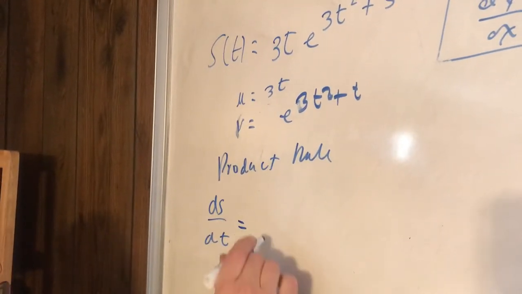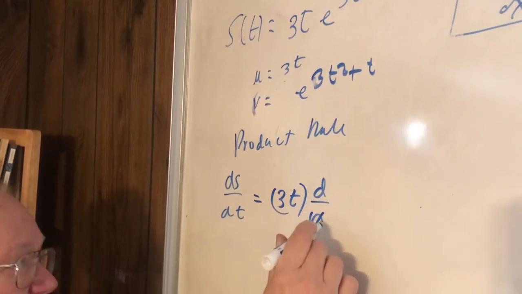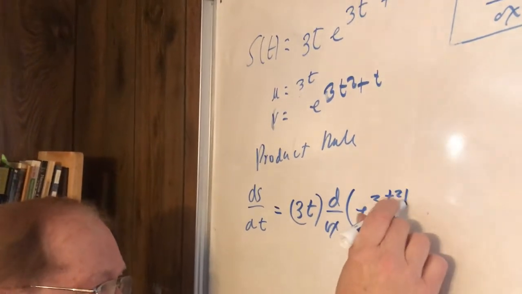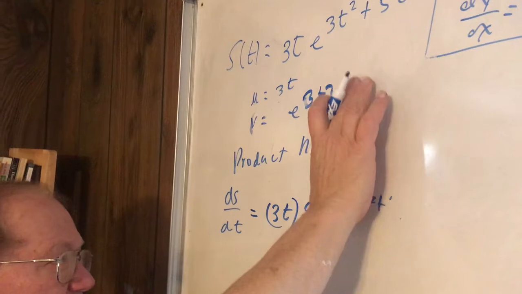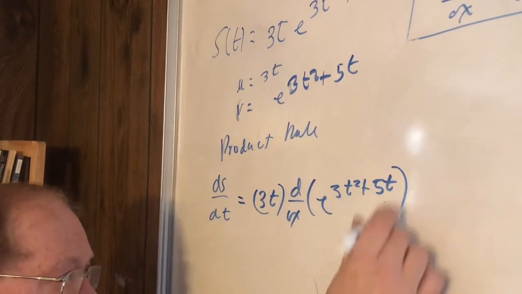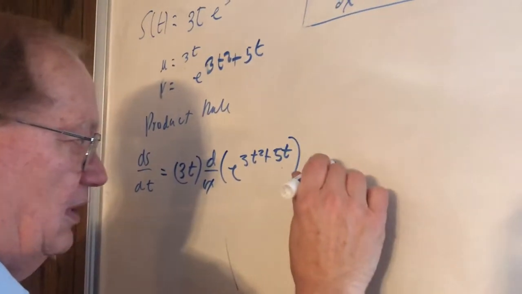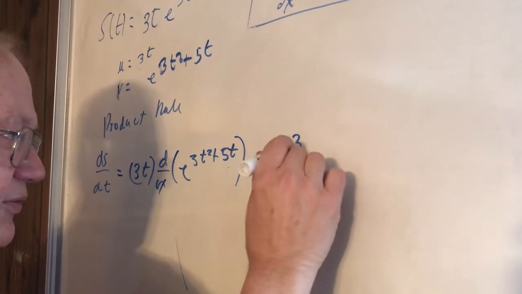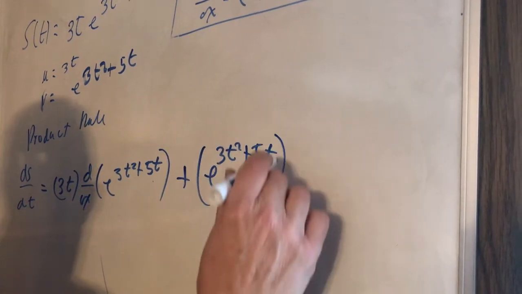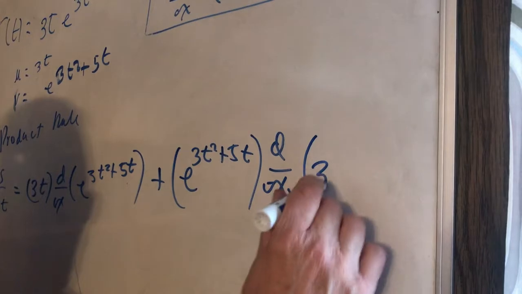Well, that's going to be u, 3t times the derivative of e to the 3t squared plus 5t. That's the first term. Second term is e to the 3t squared plus 5t times the derivative of 3t.